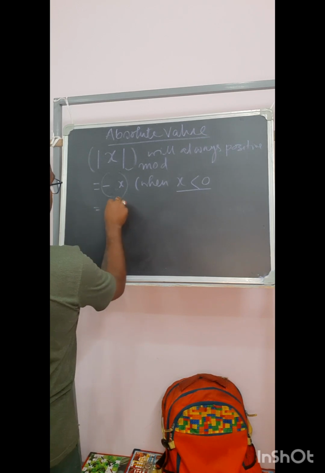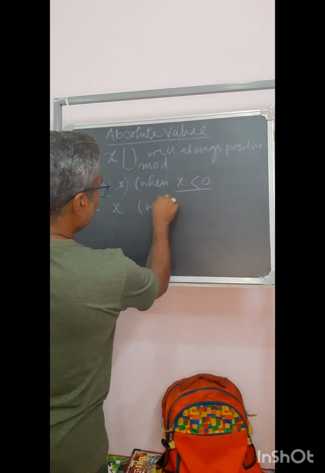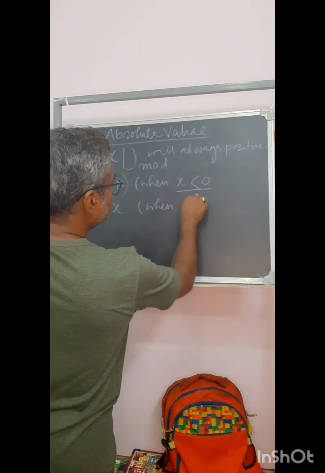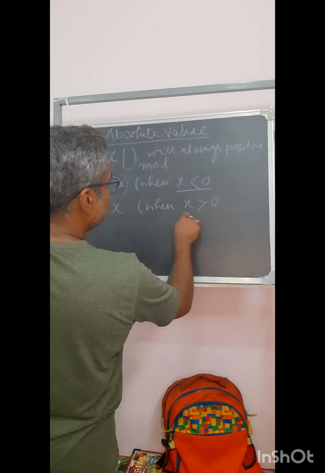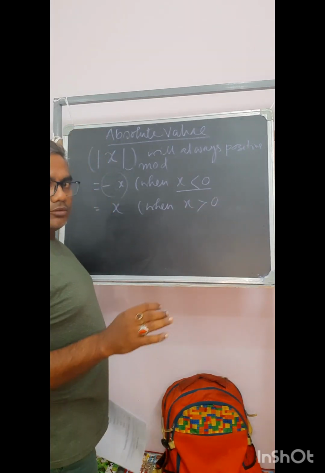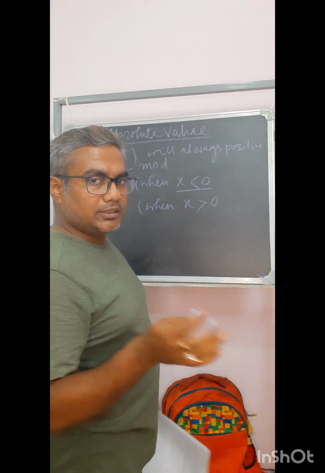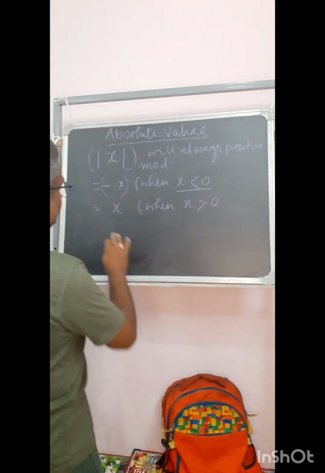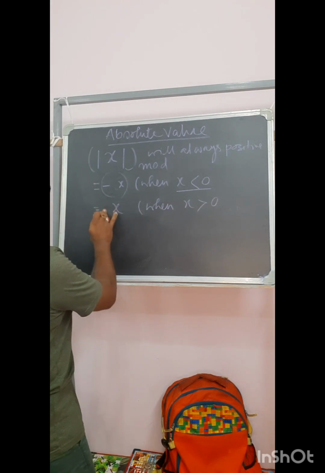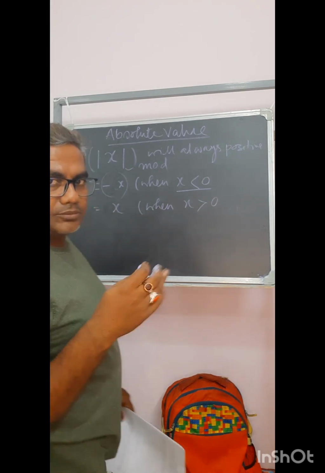And if it is x when x is greater than 0, that means x will not carry any negative sign, and if it is multiplied with a positive sign, it will automatically be positive.